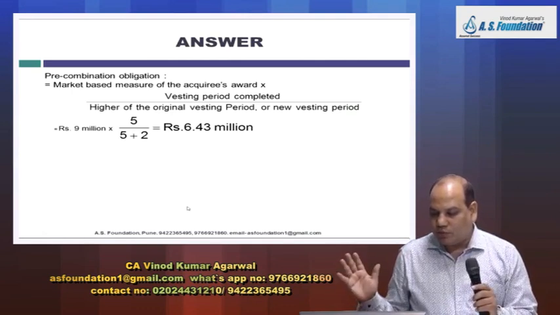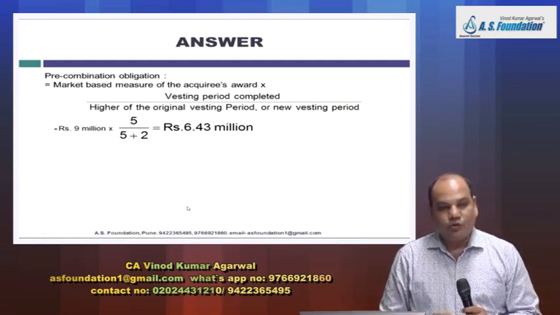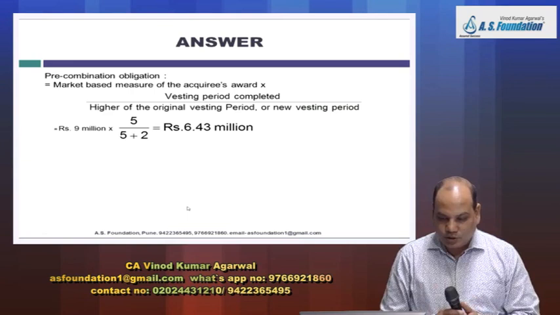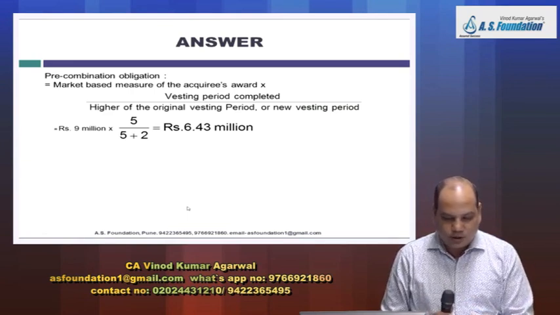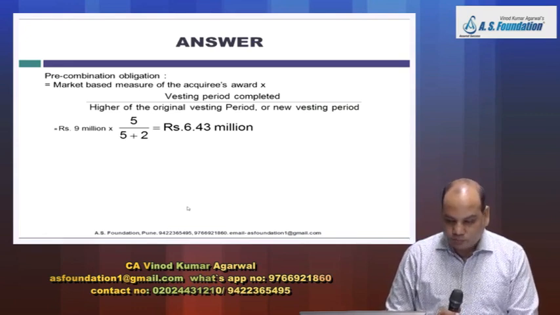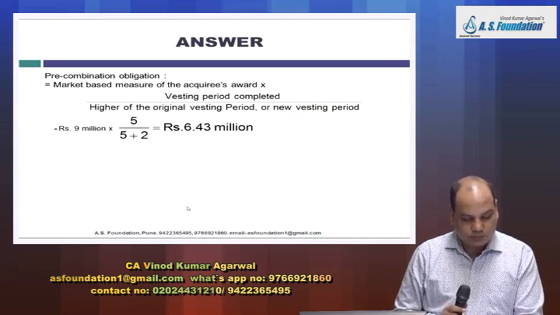So the total number of vesting period for the employee will become 7 now, and he has only completed 5. So then I will only recognize the proportionate amount in pre-combination. So write down the formula, or don't write formula, directly write pre-combination obligation is equal to 9 into 5 by 7.